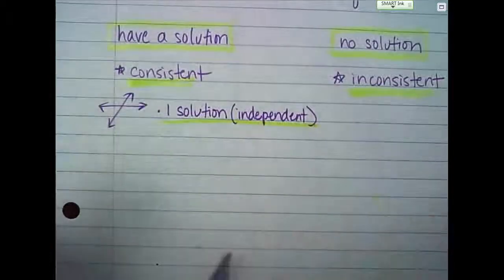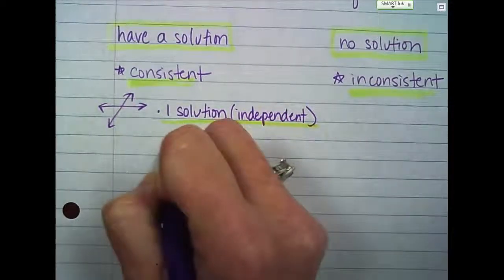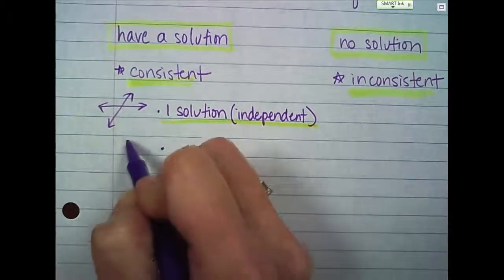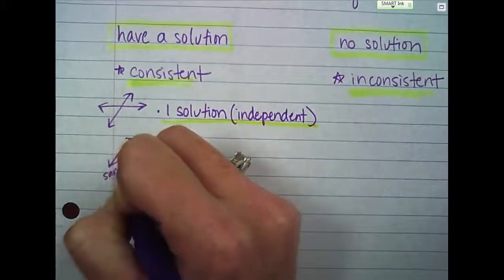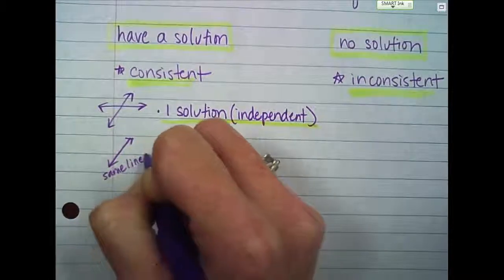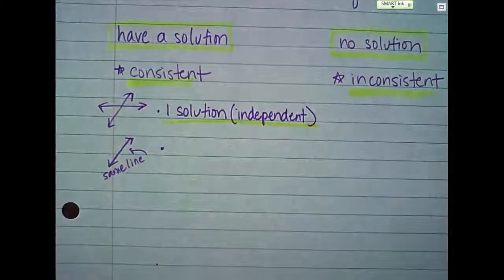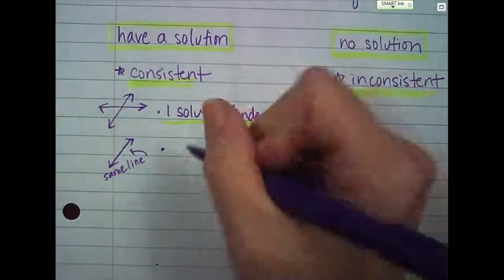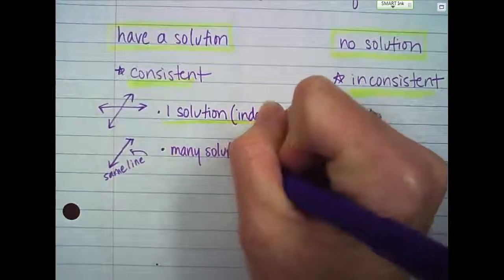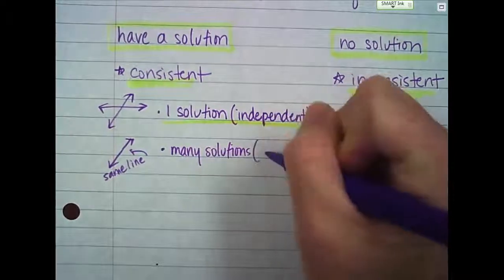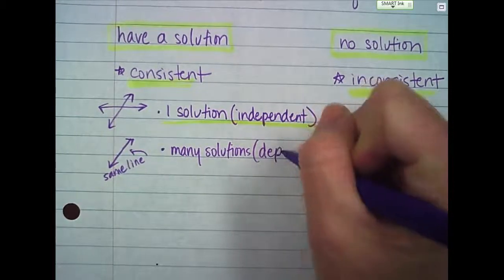Or, the other scenario is, and we talked about this already, what happens if you have two lines and they are the same line? How many answers do you think they have if they're the same line? They have many solutions, right? Okay, they have many solutions. And we're going to call them dependent.